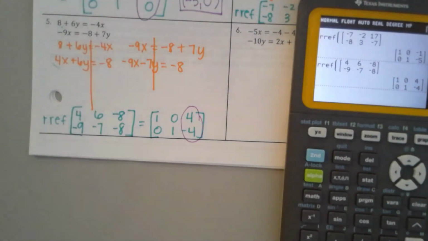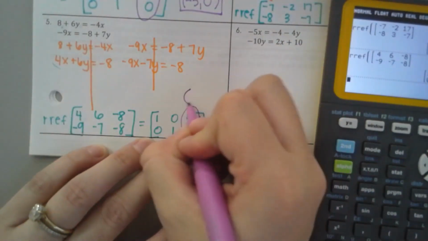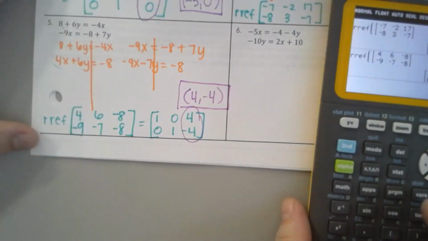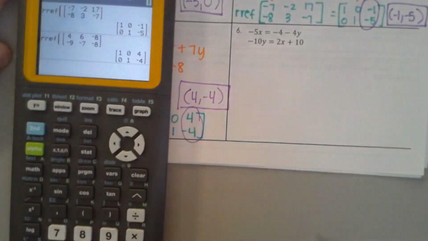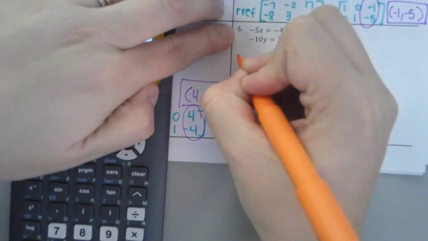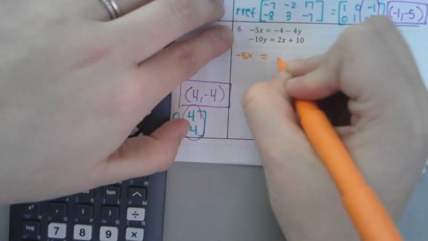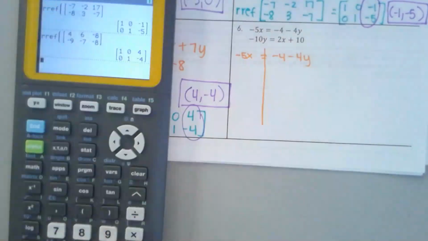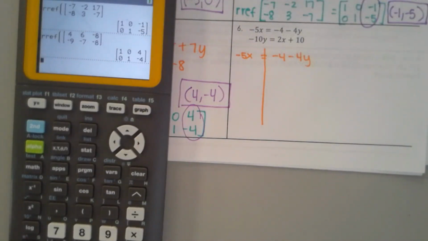Number 6, we got to move everything around. Is everything in the correct order? No. We have to have the x's, then the y's, then the equals number. What needs to jump the line?